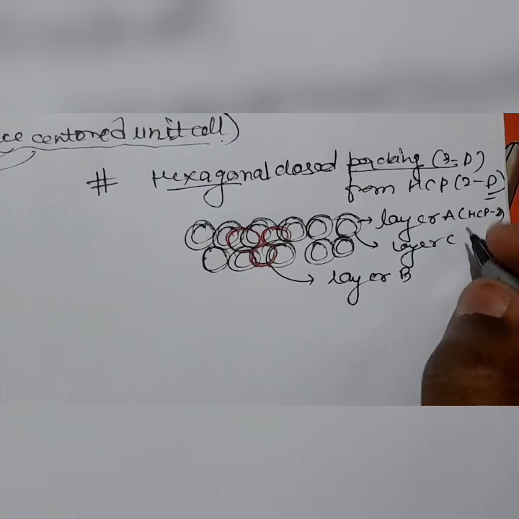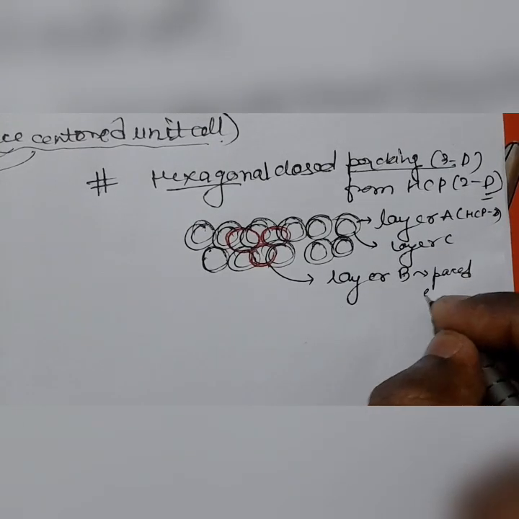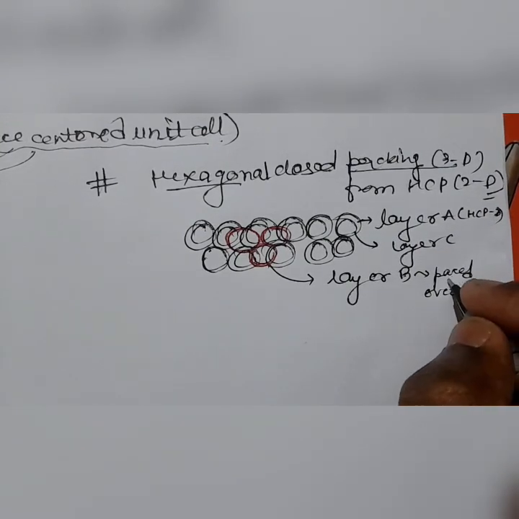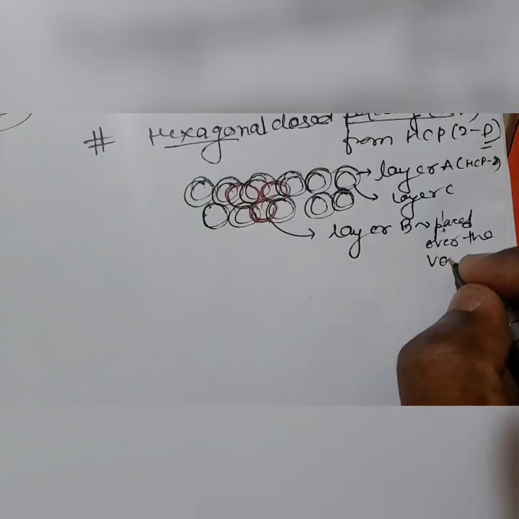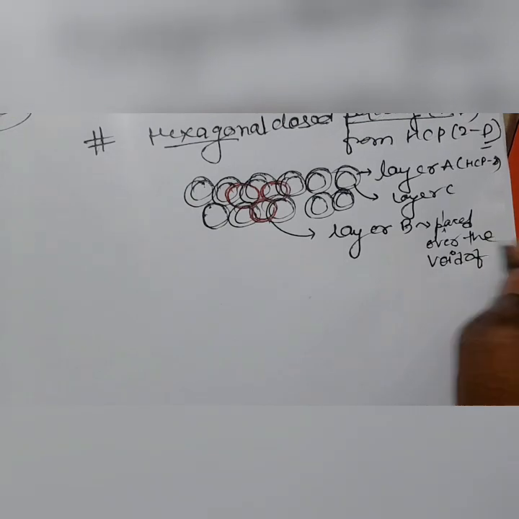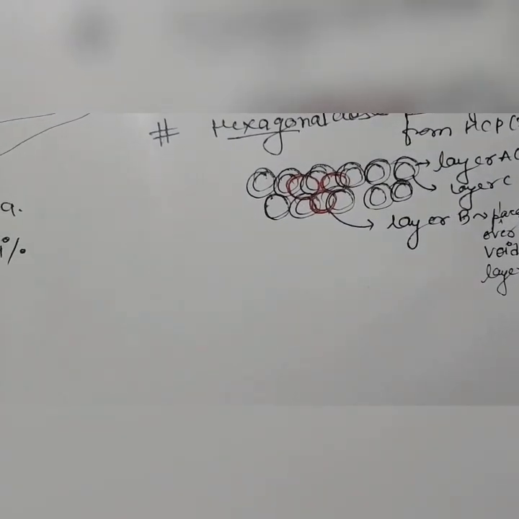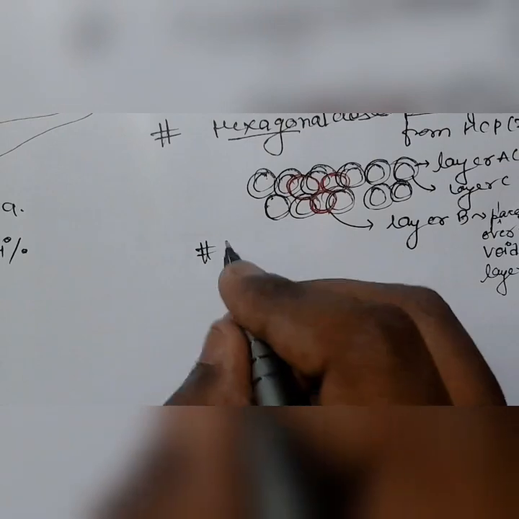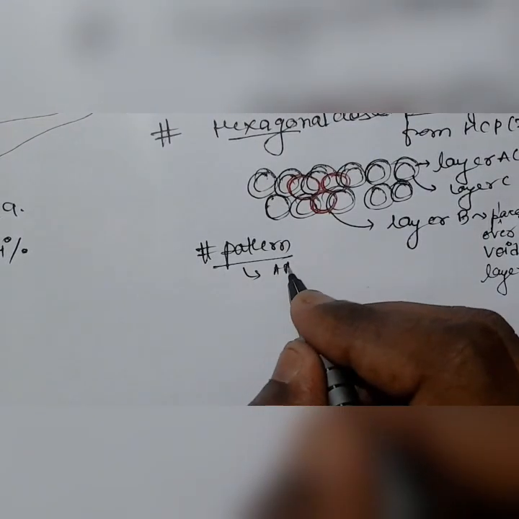Layer B is placed over the void of layer A, and layer C is same as layer A. So here the pattern used is AB.